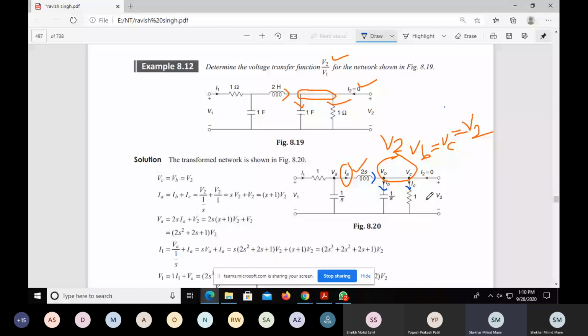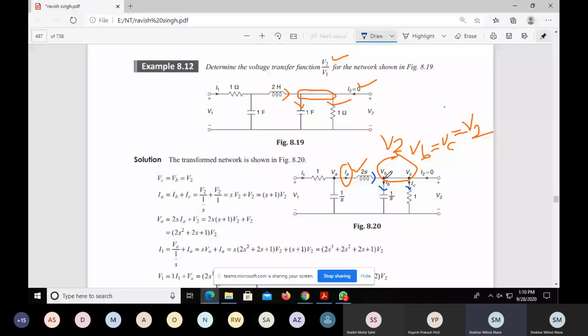IA is equal to IB plus IC, as incoming current is equal to outgoing current. So what is IB?